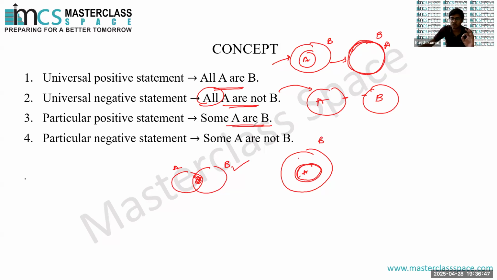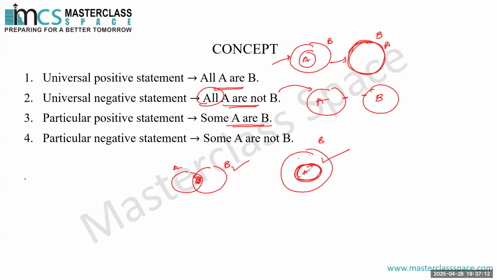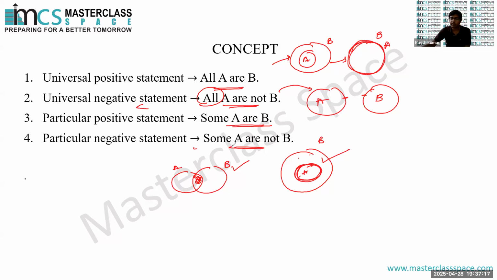Some A are B does not imply that some A are not B. You have to just check whether there are some A which are part of B. So this comes under some A are B. For how many of you is this clear? Yes, sir. Okay.